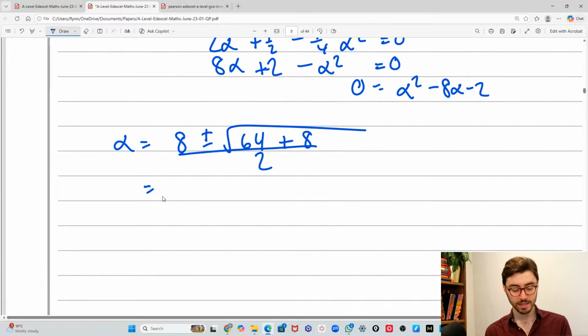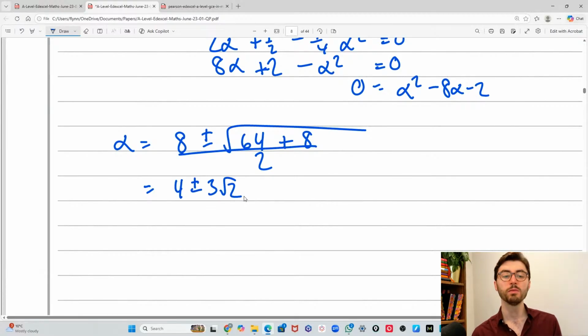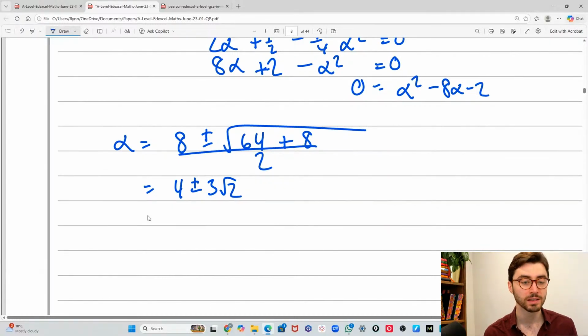I can immediately discount the positive case, but I'll still go through the motions of finding what they are. So that would be 4 plus or minus 3 root 2. Now, the problem with 4 plus 3 root 2 is that is not small angle approximation. Small angle approximation is only valid for alphas around 0.1 or lower. So immediately, let's convert these into decimals.